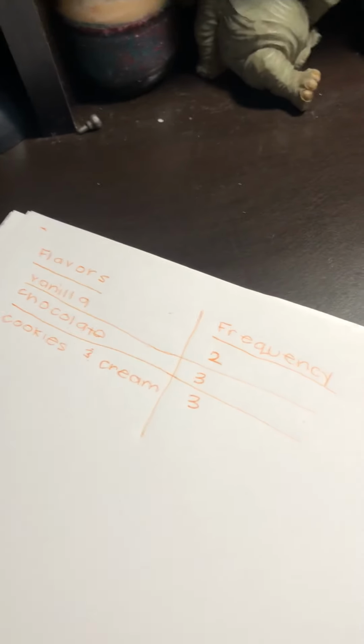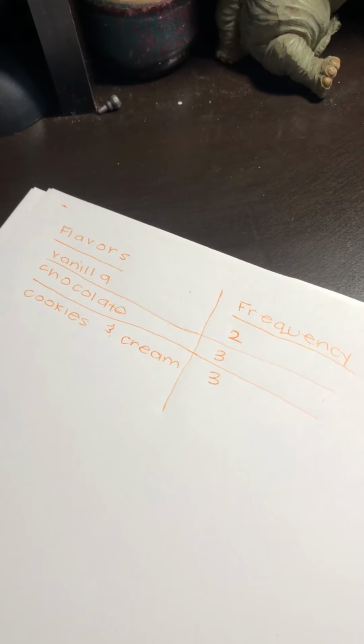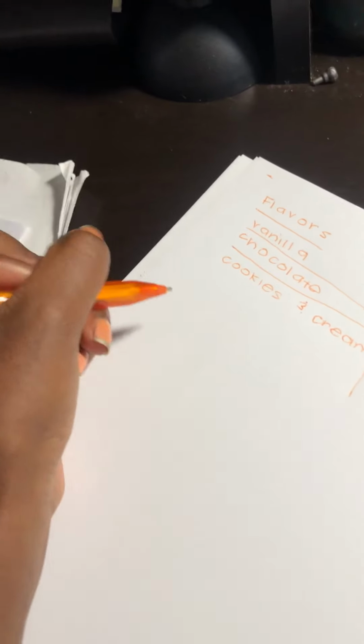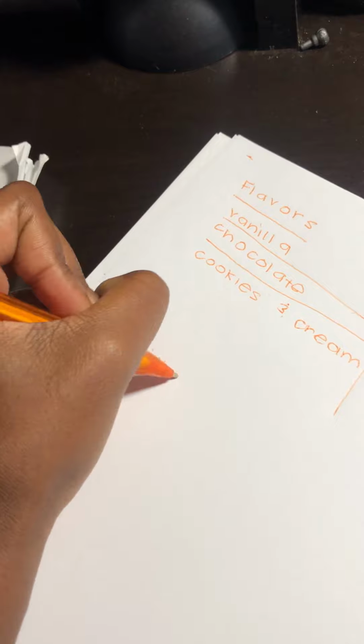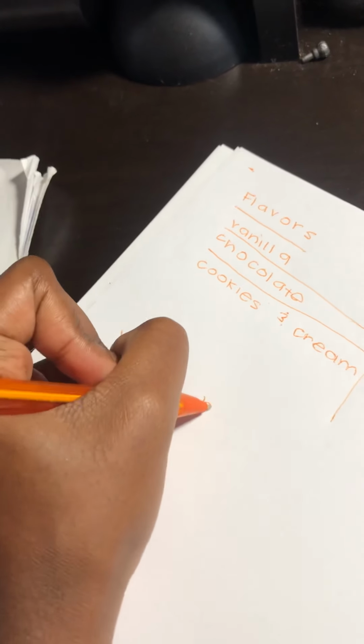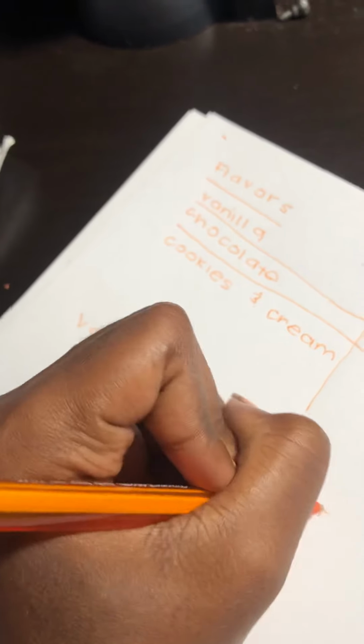A pie chart has a little more steps to it. You first make the data you got into fractions, which means vanilla has a fraction of 2/8.